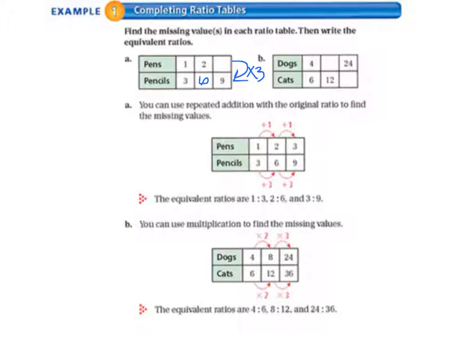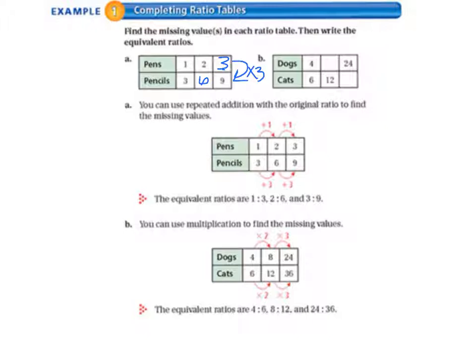We have to divide by 3. So 9 divided by 3 is 3. So notice that you have equivalent ratios here of 1 to 3, 2 to 6, and 3 to 9.